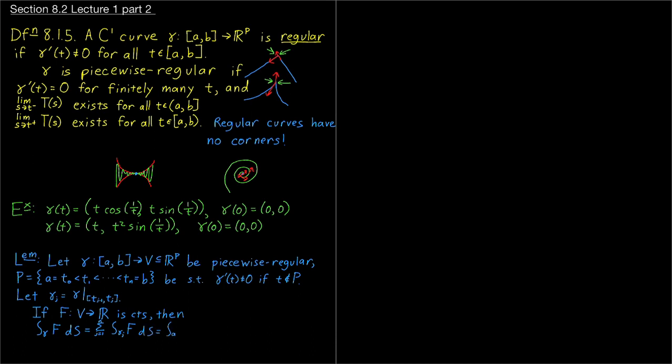And you can also write this as the integral from a to b of f of gamma of t times the modulus of gamma prime of t dt.